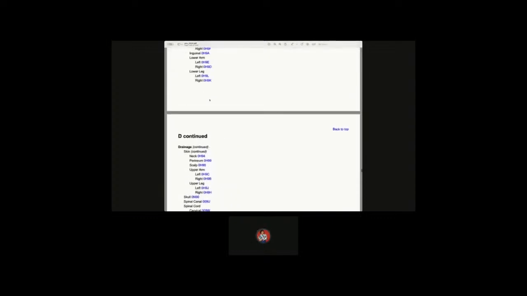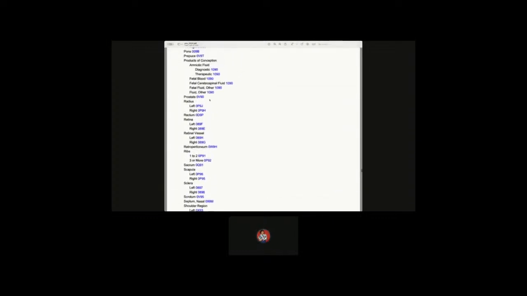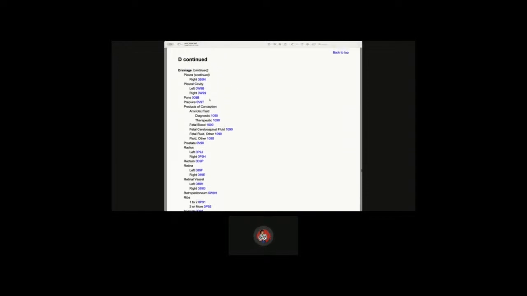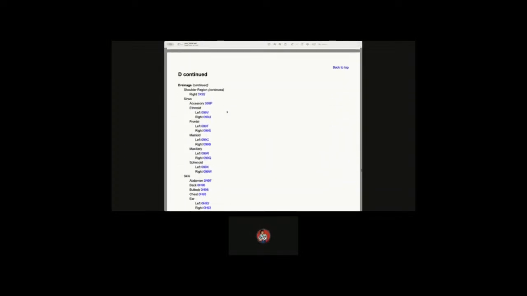I'm going to kind of, not going to say cheat, but I'm just going to get us right here so we can get to the end of our. Oh, and I think of course, bypassed skin.